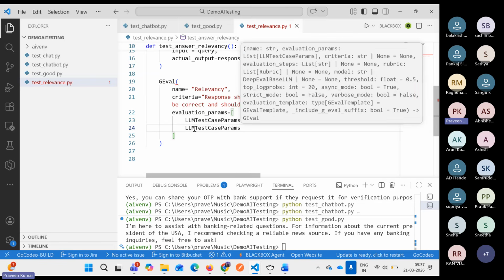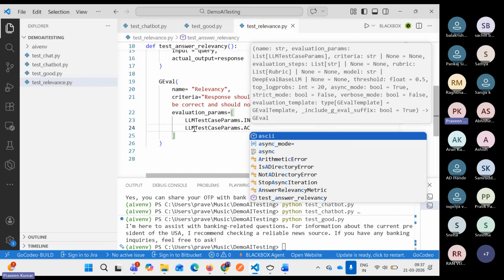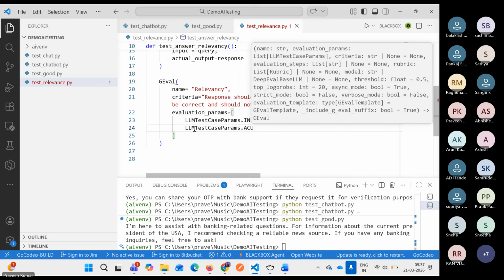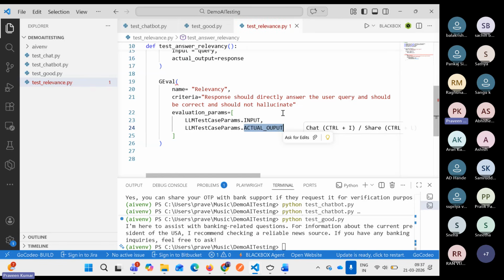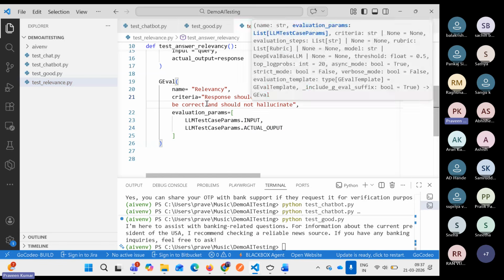Okay, and the second parameter it takes is the actual output. The actual output that you have given, it accepts in the form of uppercase letters.